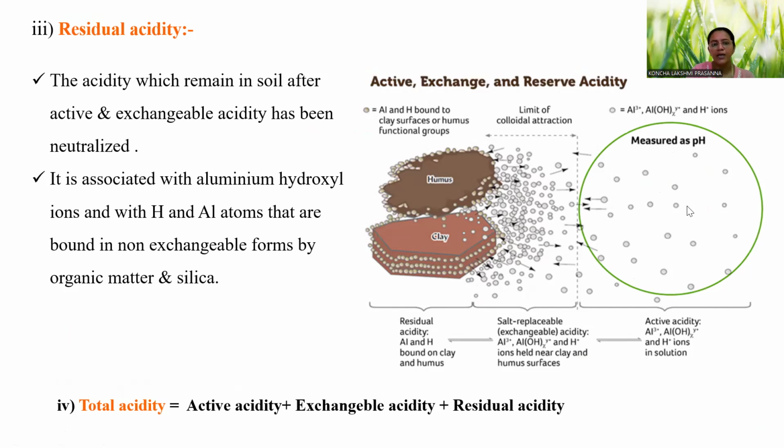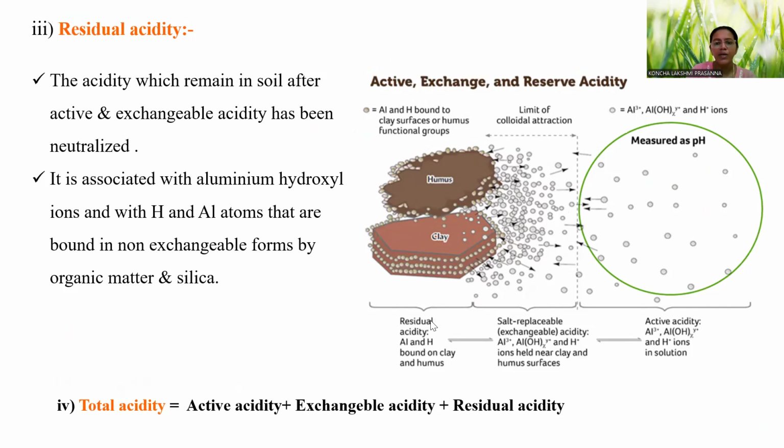That is why the acidic condition is very high. Whereas in the salt replaceable or exchange acidity, the H plus and aluminum ions are present on the surface of the clay colloids.